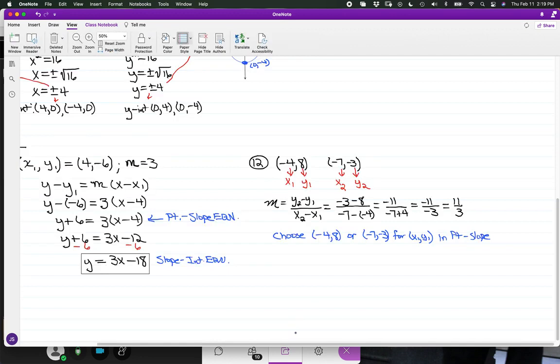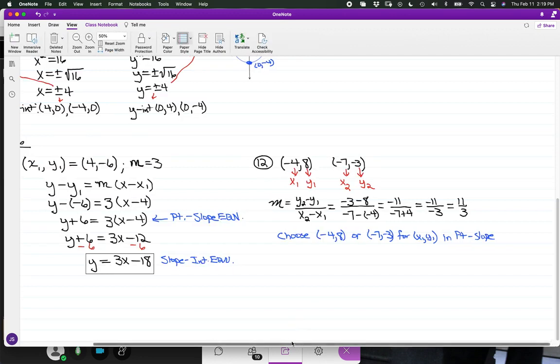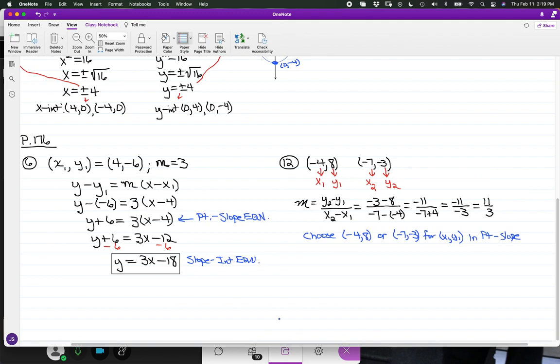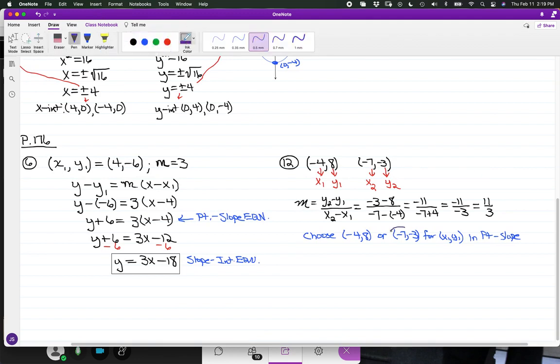Again, you can choose either of these, and either set will work. So we'll go with (-7, -3) on this one. So y minus y1 is equal to the slope m times the quantity x minus x1. So you have your x1, y1 from (-7, -3), and the slope value is 11/3.